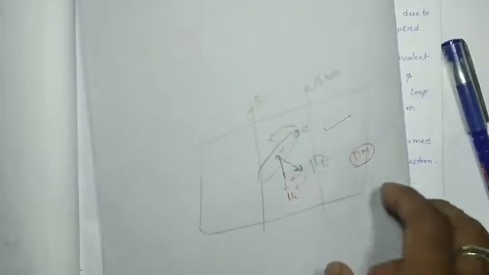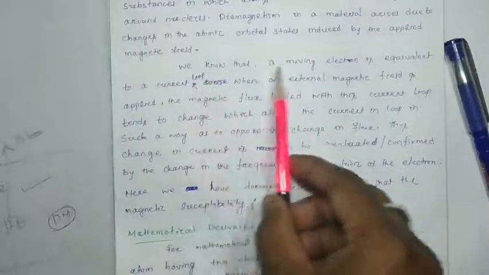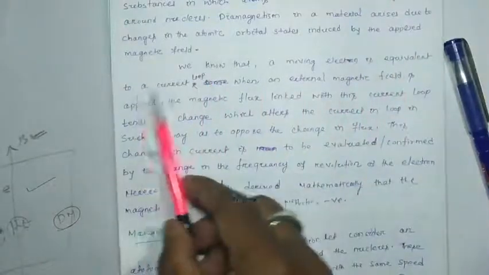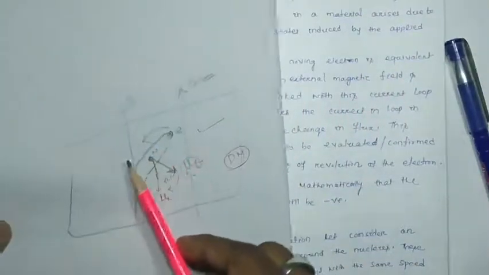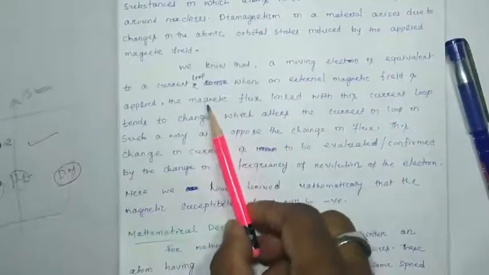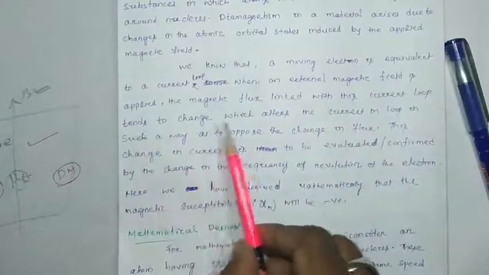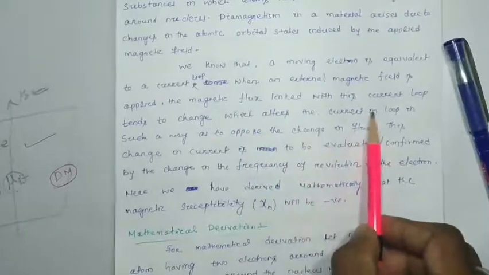This is what I explained, and here it has been written that we know the moving electron is equivalent to a current loop. This is the current loop, right? Now when an external magnetic field B is applied, the magnetic flux linked with this current loop tends to change, which alters the current in the loop.